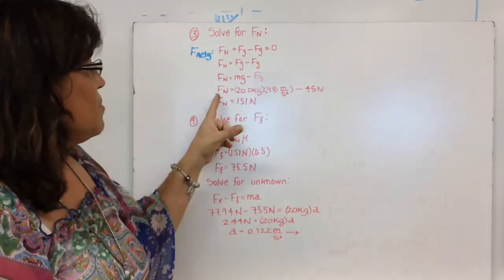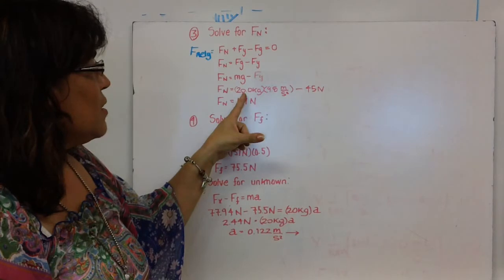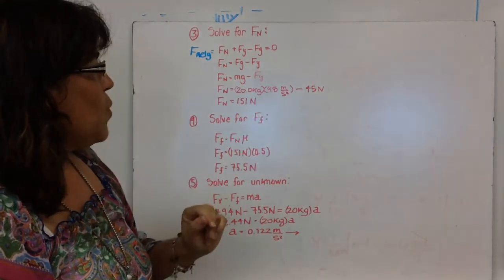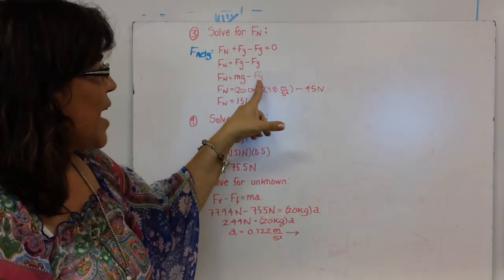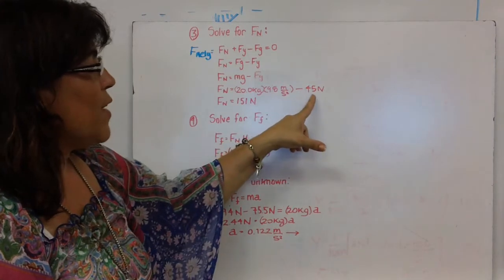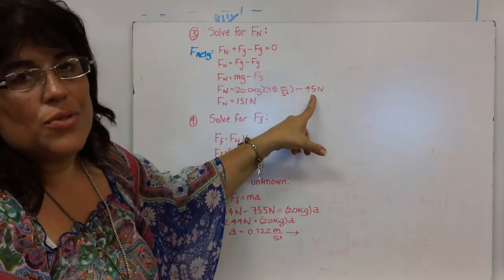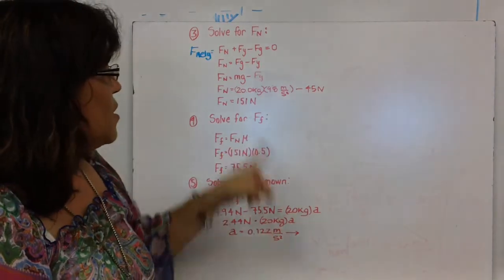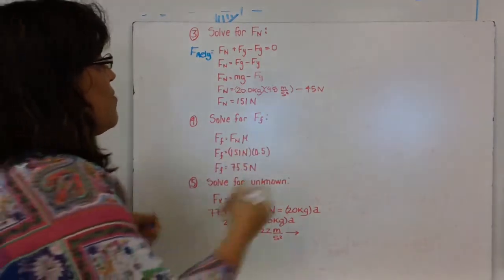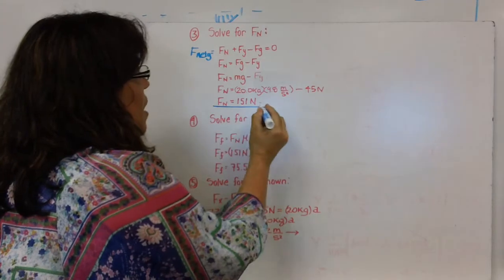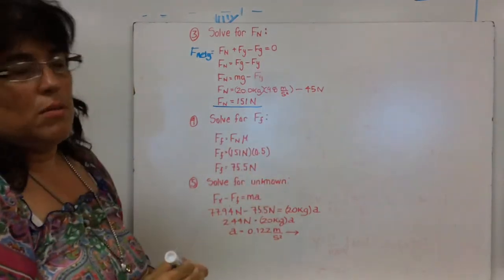Now I'm going to plug in numbers. The mass is 20 kilograms, the gravity is 9.8, and we calculated F sub y as being 45 newtons. F sub y was just the 90 newtons times sine of 30. So if I do some calculations, I have my normal force right here of 151 newtons.